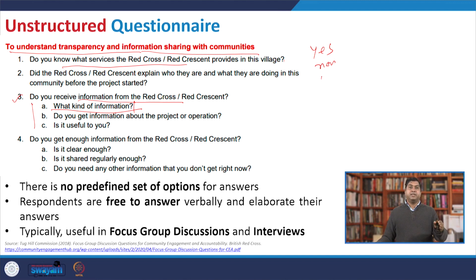Say for example, there are different kinds of missions and different kinds of other programs that are going on. Under those programs, the intention is to have a great reach to the respondent or the citizen, whether they are getting that facility, whether they are aware that these facilities are available.